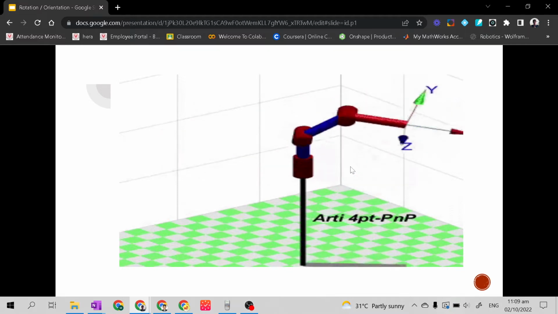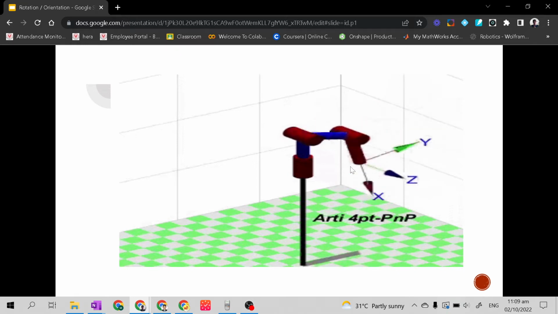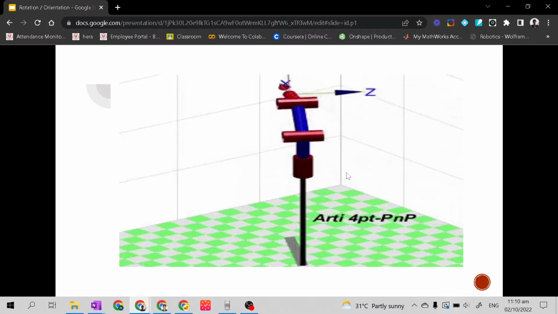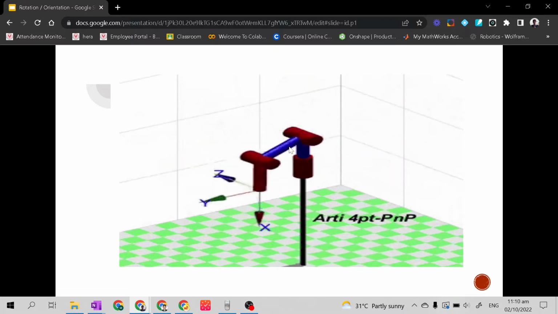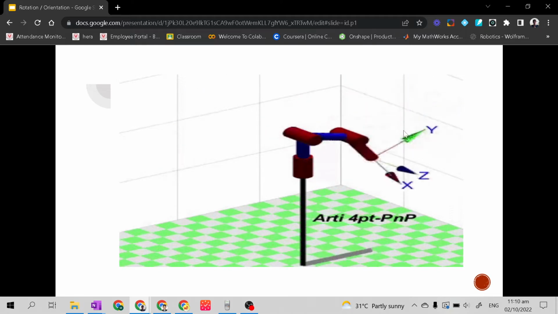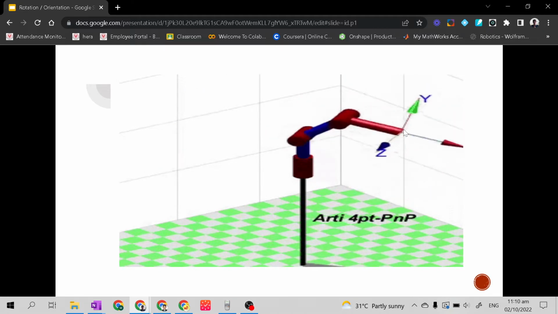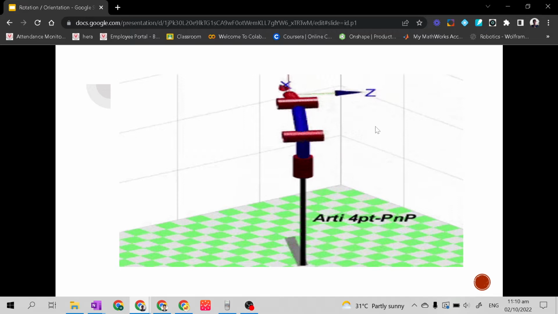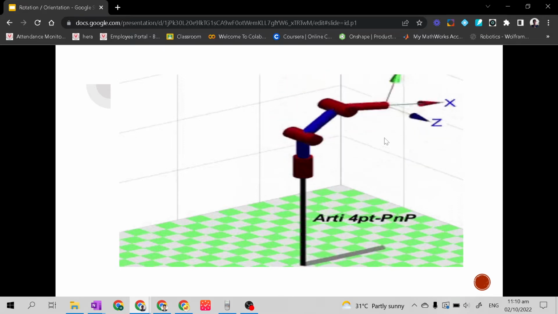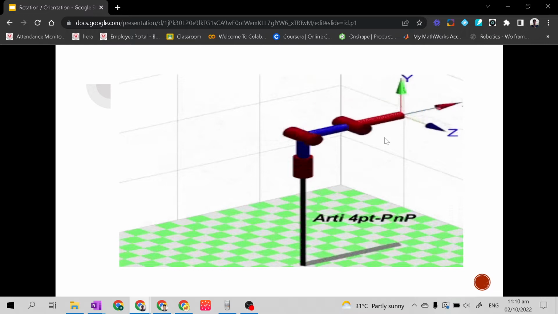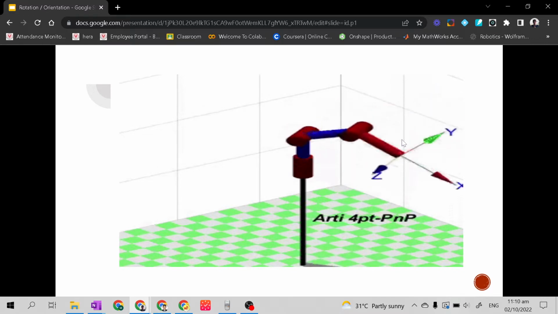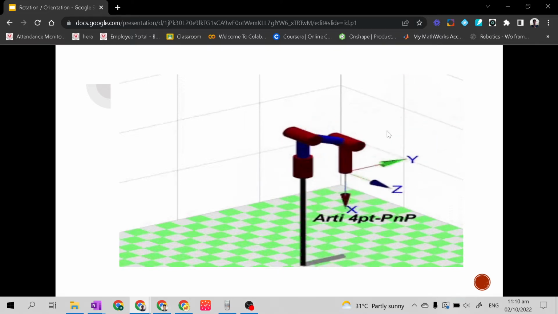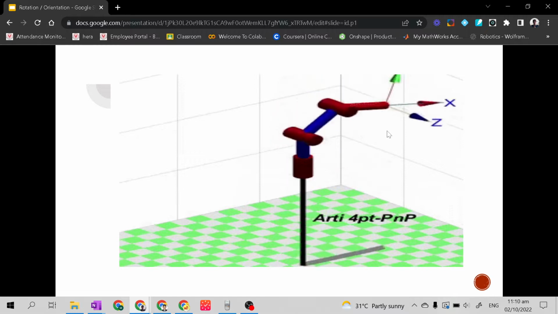Here we have an example, a simulation of an articulated manipulator. As you can see, it has a frame at the end effector. The frame at the end effector indicates where our mechanical manipulator will move. As the manipulator moves, the end effector changes its position and also its orientation.